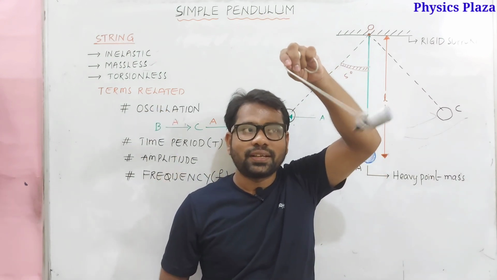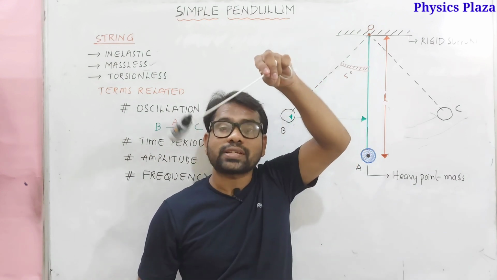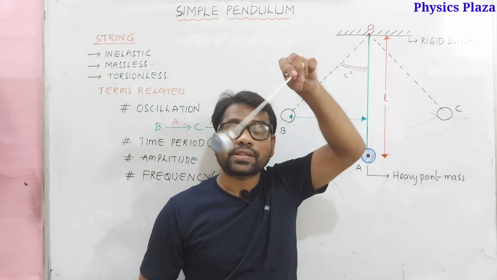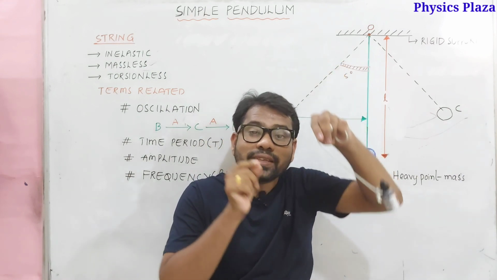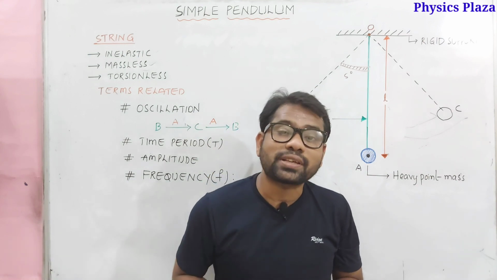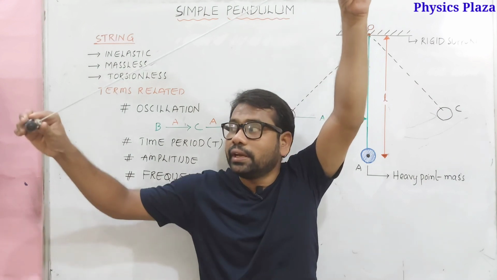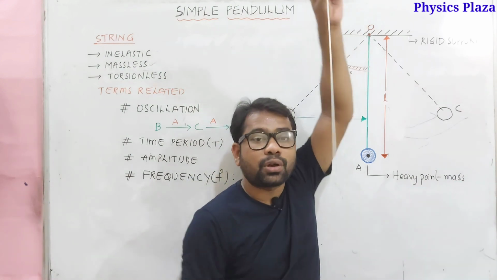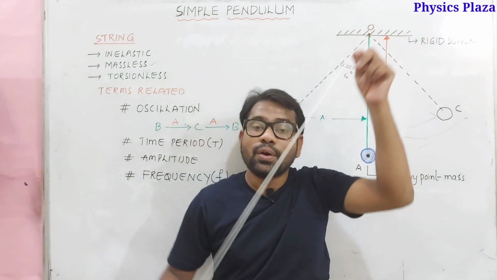Now look here, it is making more number of oscillations. In which case is it taking more time to complete one oscillation? It is very clear that when the length is more, it will take more time to complete one oscillation, in a relaxed mode.